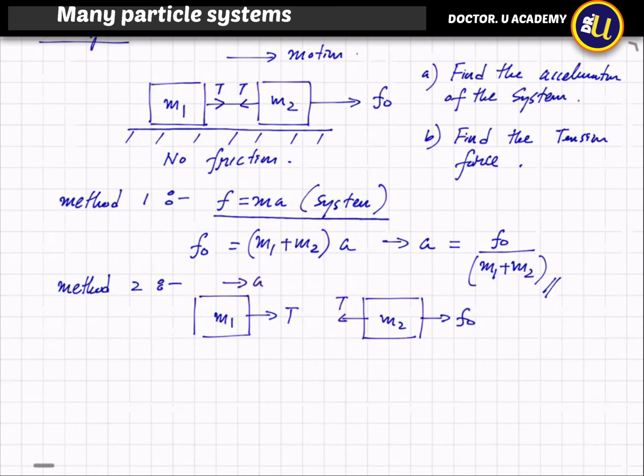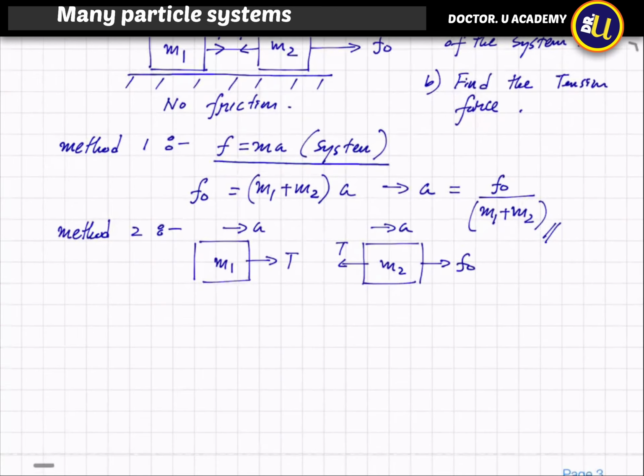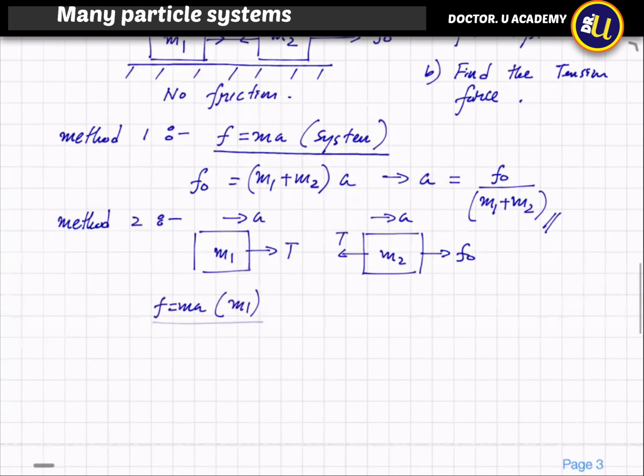Both are accelerating with acceleration A. So I will use F = ma on the M1 object. These are very important, right? On the M1 object, this direction, this notation is very important. And F = ma on the M2 object in the right-hand direction, very important.